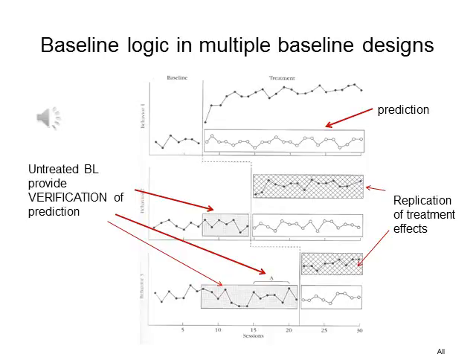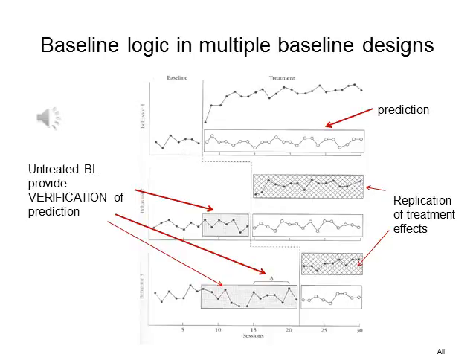Those crosshatch things represent replications. We saw that with behavior 1, when we intervened, we got a positive change. We replicated that change 2 more times with behavior 2 and behavior 3. So now we can rule out other confounding variables. It's unlikely that something else would have been happening at exactly the same time our intervention occurred every time.